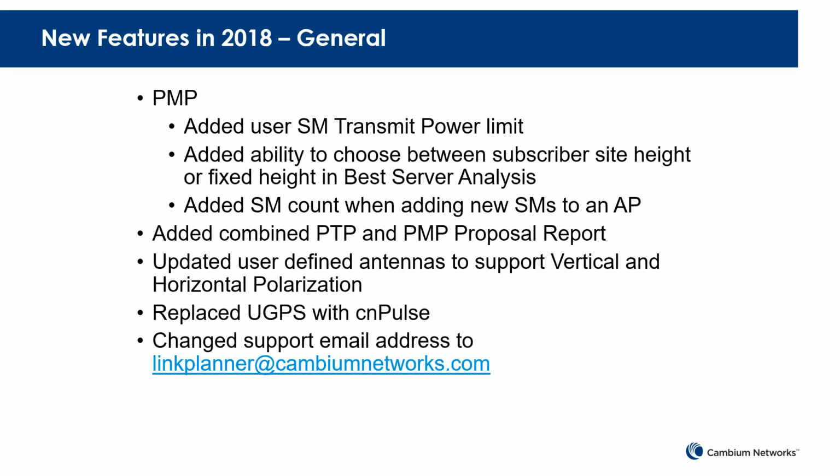So now you can add a user-defined antenna that's only vertical or only horizontal. And then this will show up when you are planning a network. If you have a vertically polarized link, the vertically polarized antennas will show up as well, and the horizontal ones won't, for example. We replaced the UGPS with CN Pulse.